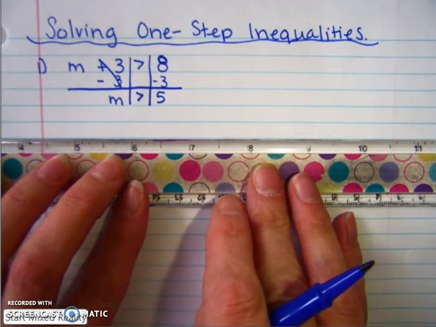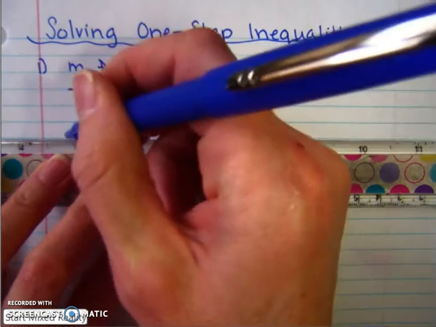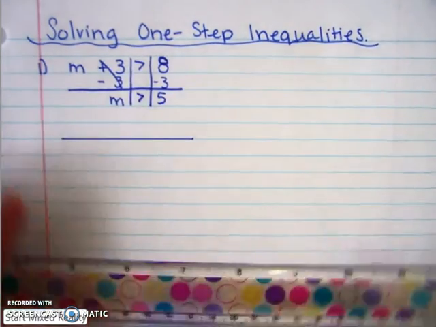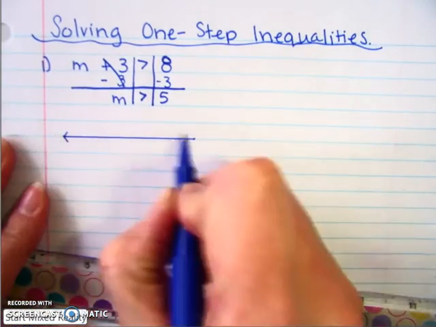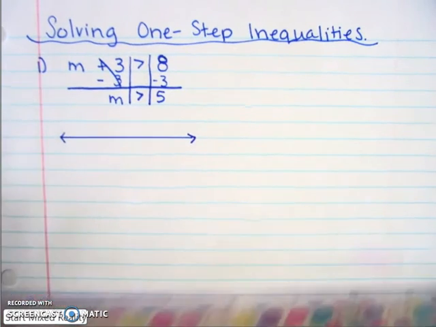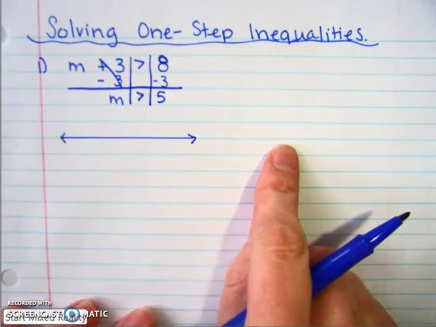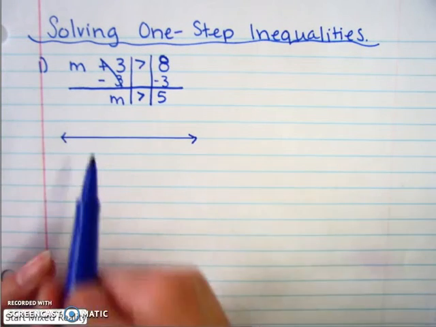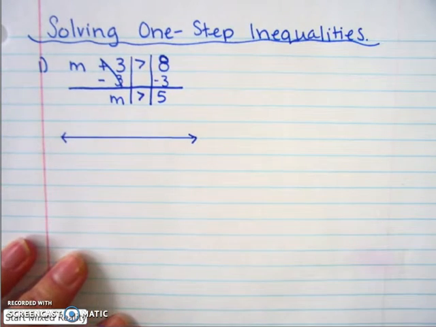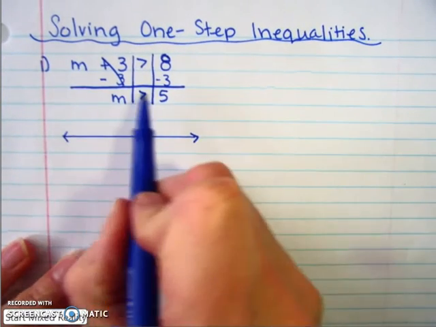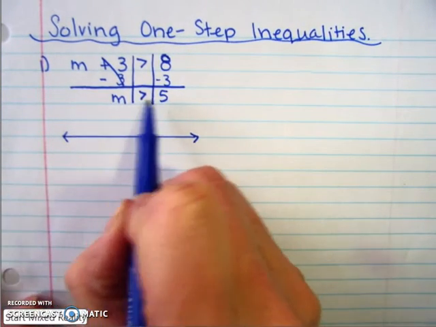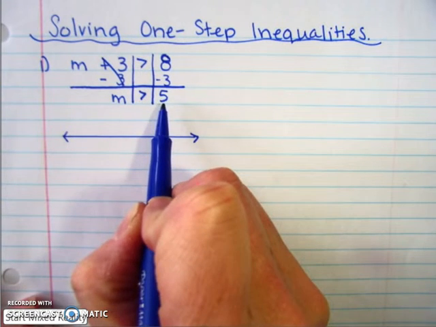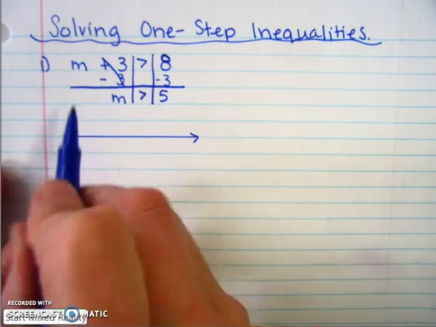When we draw number lines, we want to make sure that we have a nice straight line with arrows on both sides, because this shows that we are going on in both directions. And with the number line, we talked in class about how we don't have to have 0 on every single number line we're working with, but what is really important is that m being greater than 5, the number 5 definitely needs to be on the number line.